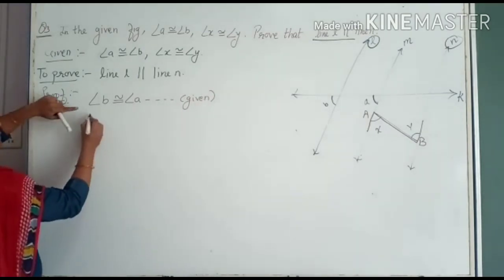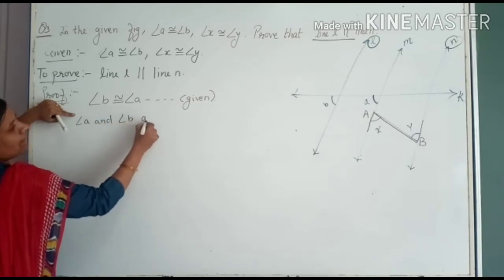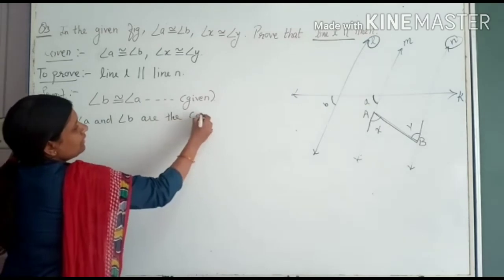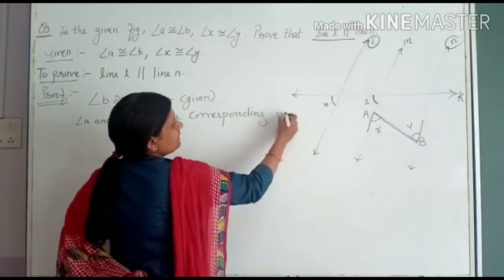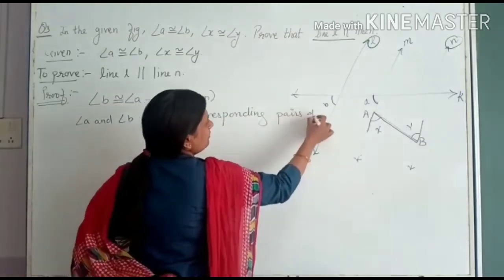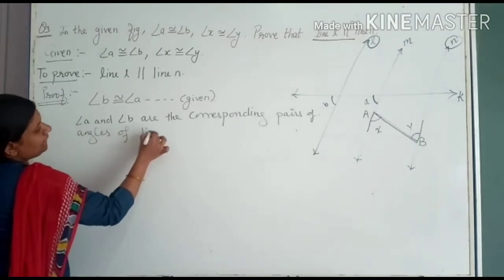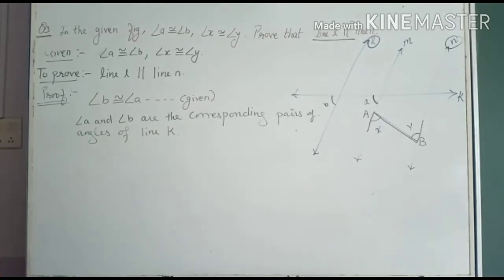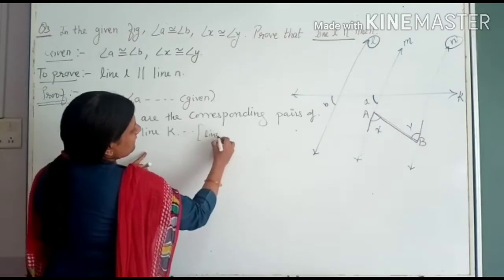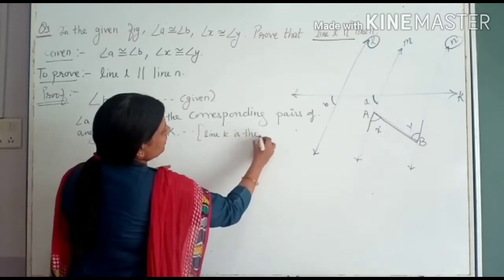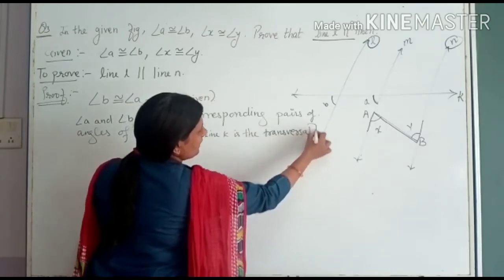And observe that angle A and angle B are the corresponding pairs of angles of line K. If line K is the transversal, then the corresponding pairs of angles become congruent to each other. So that description is clear to everybody.